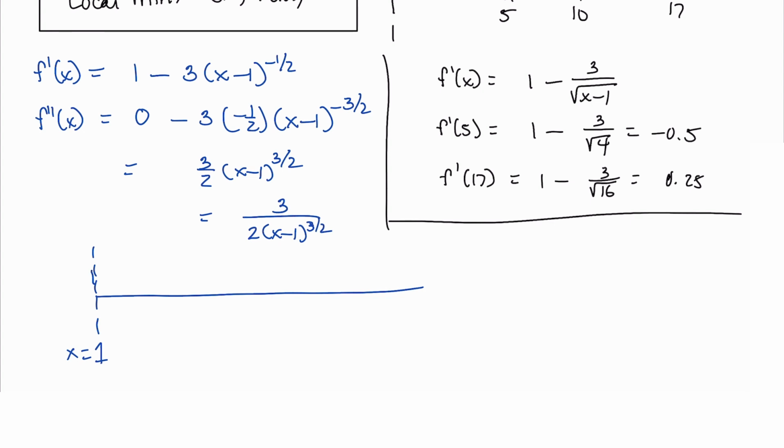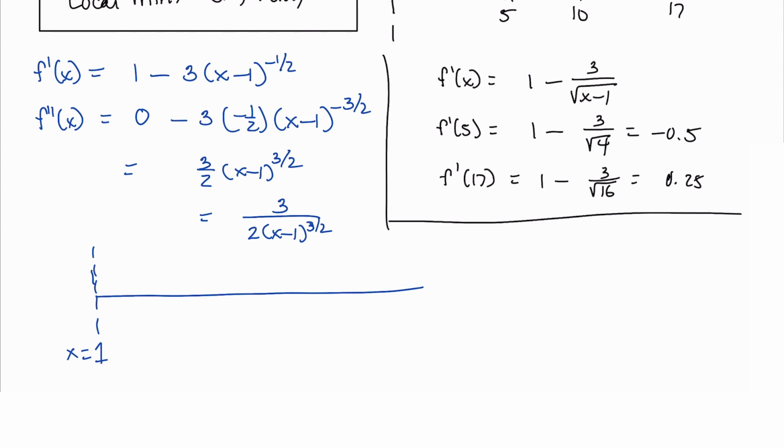I can't go before that. And the numerator is never 0, which means the fraction is never 0, which means we have no possible places where this changes concavity. So we just have to test a value to see what the concavity is here.